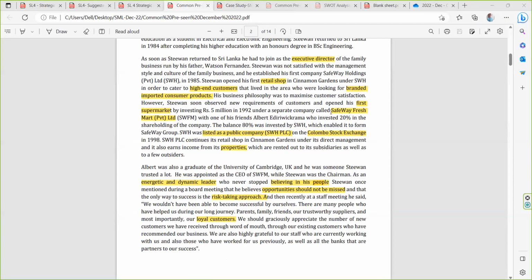Okay, I will share it again. We have shared the pre-seen. Yes, earlier shared, no? Give me 1 second, I will share it again in the chat box. So I share it again, right?